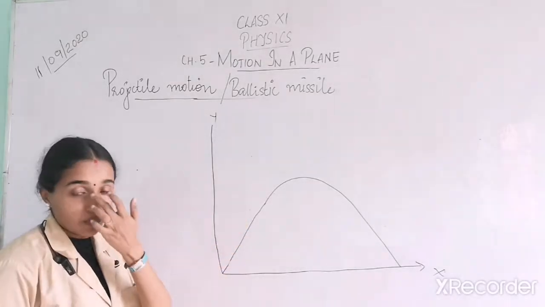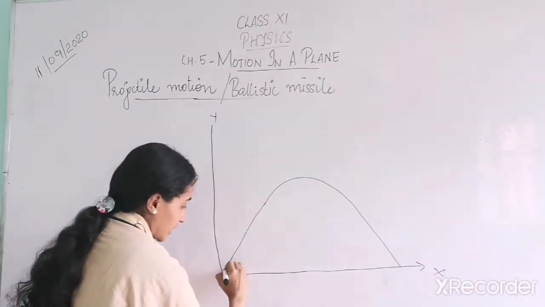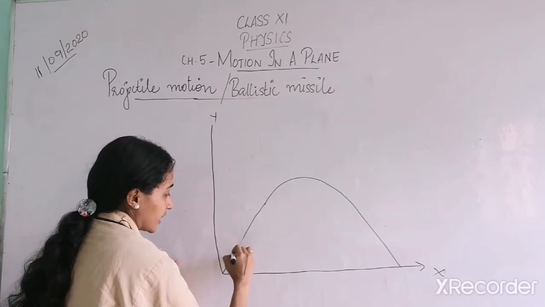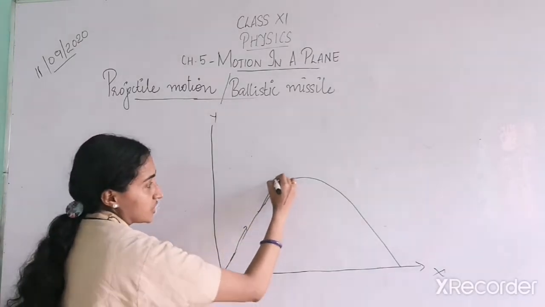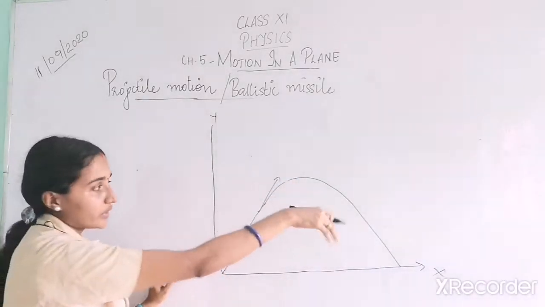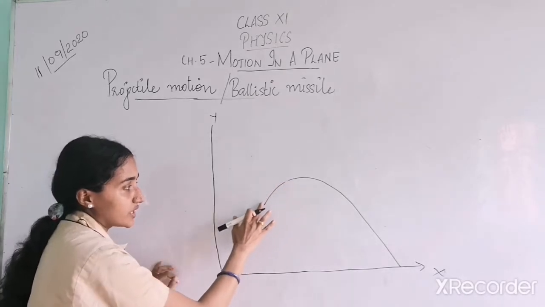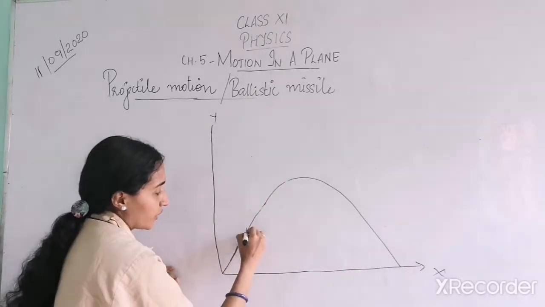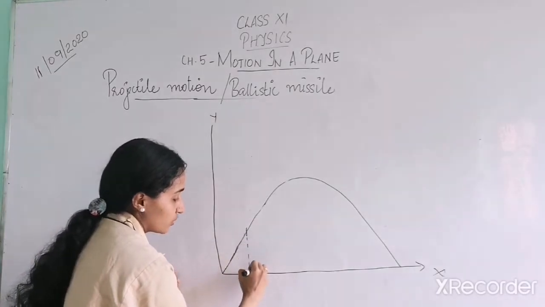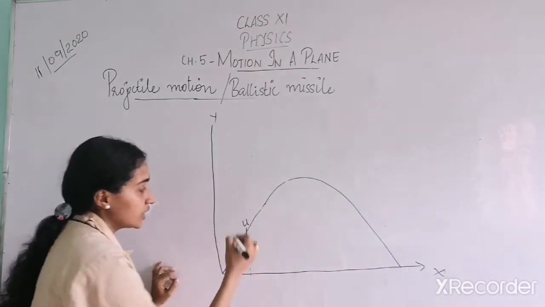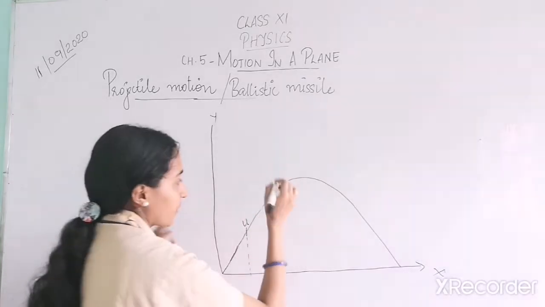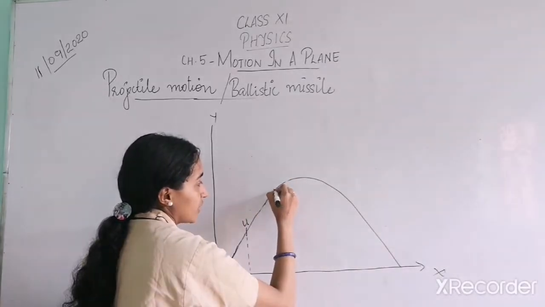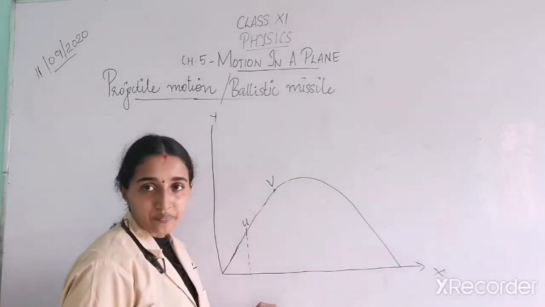Now if it is a parabolic or curved path, at each and every point the direction keeps on changing, isn't it? Now, you consider a point here, and that is going to be your initial velocity u, and at some other point you can have your final velocity v.